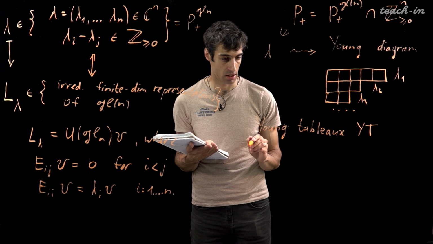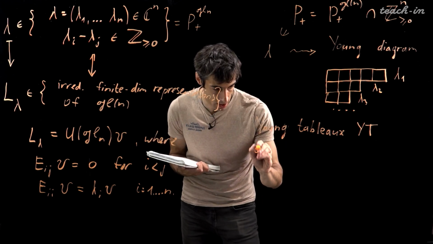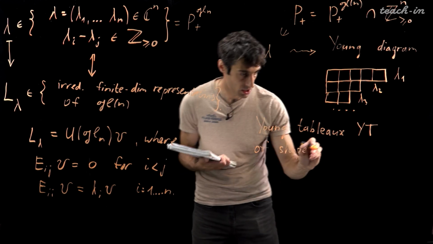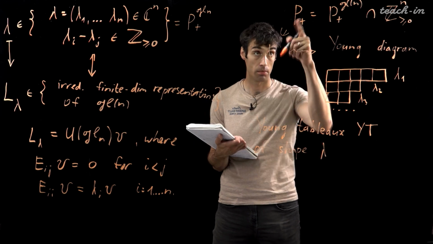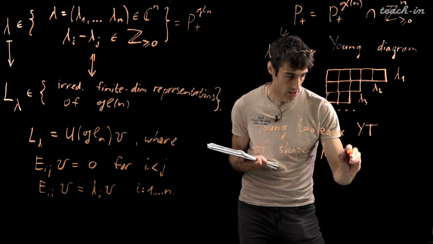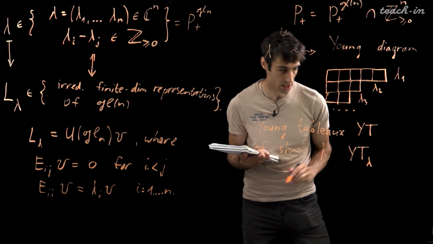And sometimes I will need to specify what's called the shape. So a Young tableau of shape lambda, where lambda is an element in here.